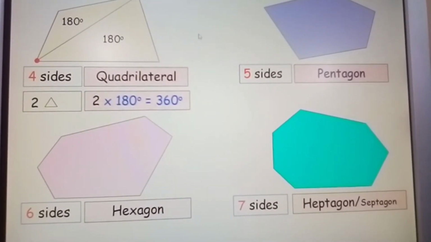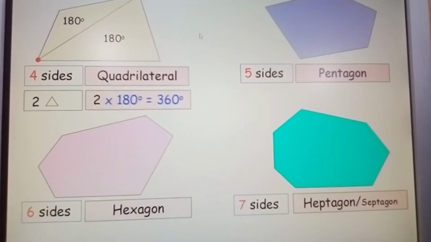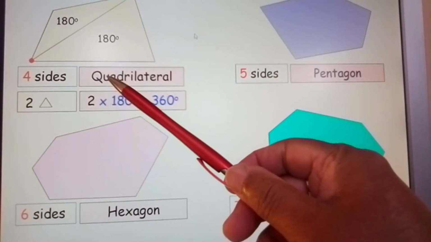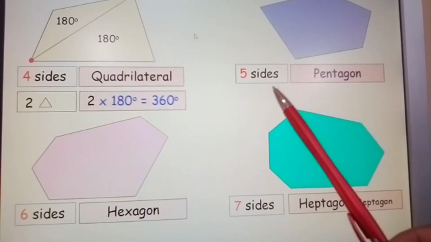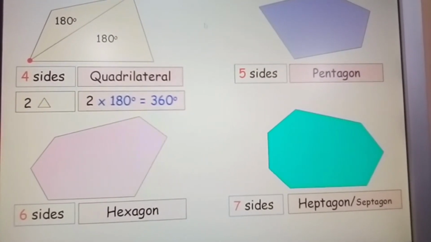Now we want to look at 5 sides, and we're looking at the pentagon. We looked at the quadrilateral, which is a 4-sided figure. We're now looking at 5 sides, which is called a pentagon.